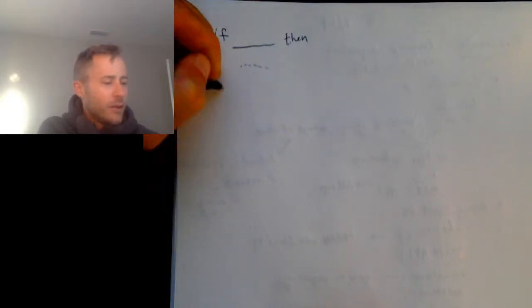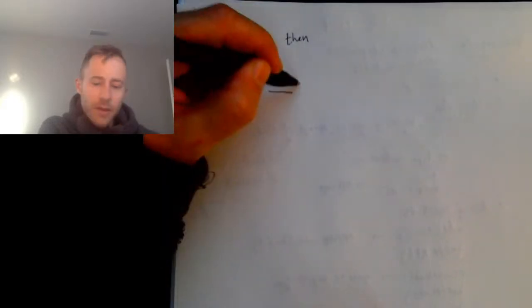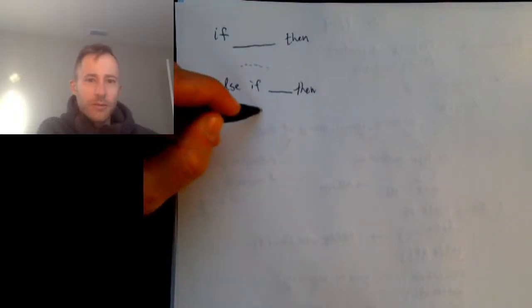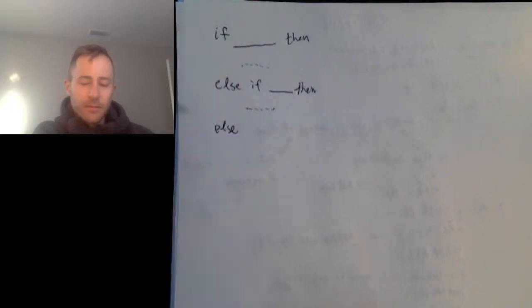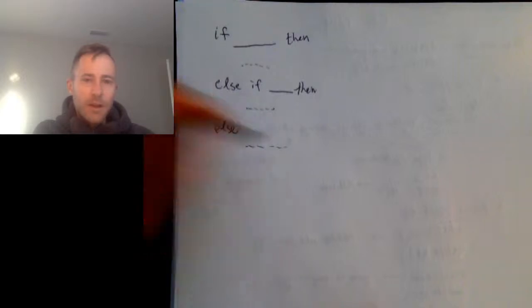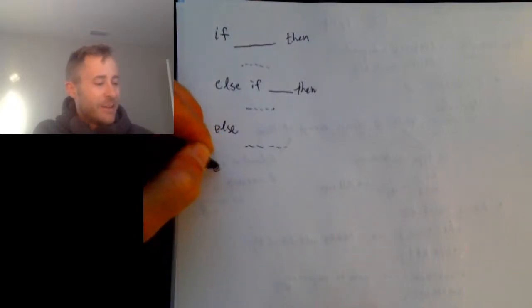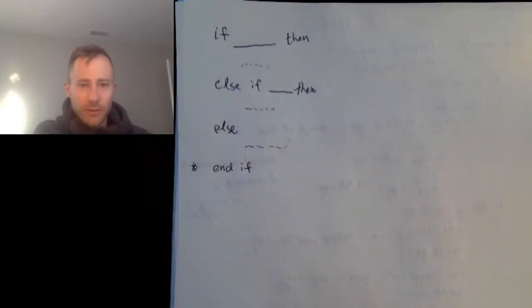Maybe you have an else if blank, then you do some stuff. Else, do some more stuff, and then you have end if. This is a little bit different, as you put the end if in there.